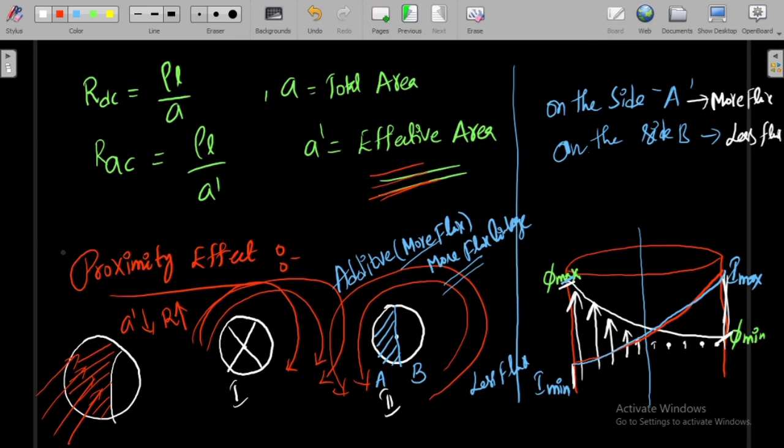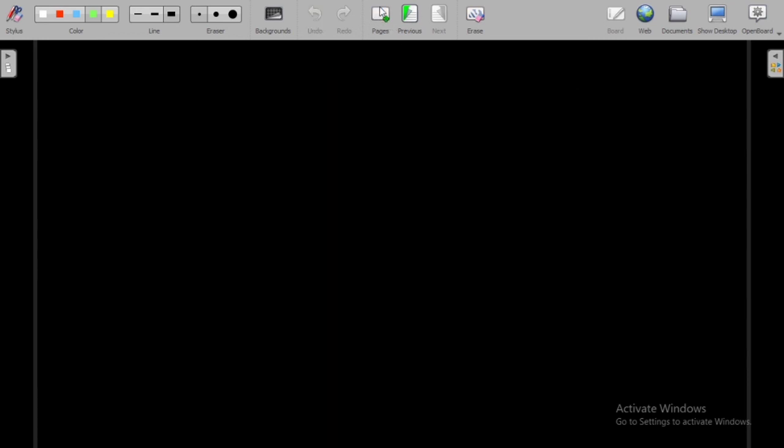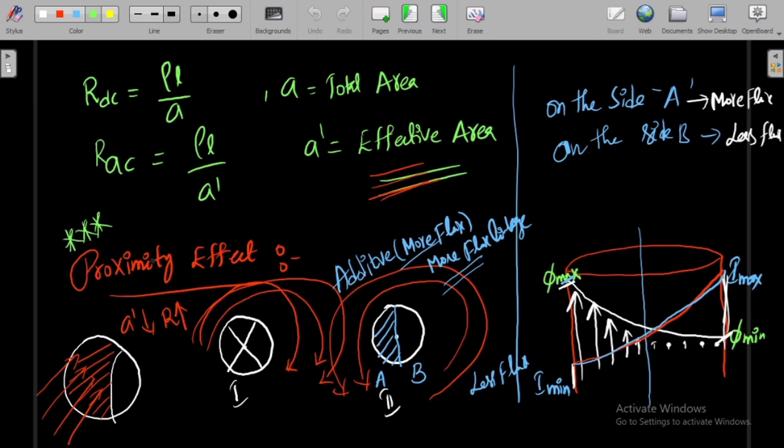If you understand skin effect, automatically you can understand the proximity effect. Skin effect is due to the same conductor, proximity effect is due to different conductors, meaning when two conductors are nearer to each other. The meaning of proximity is nothing but nearer, so that is the reason why this effect is called proximity effect.